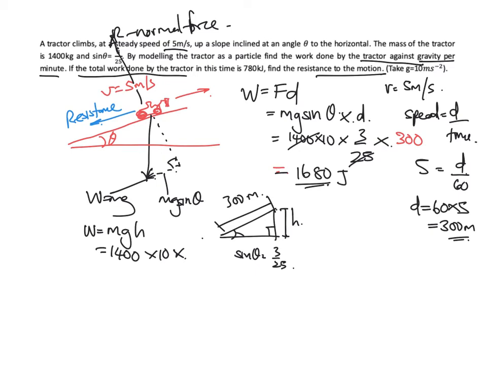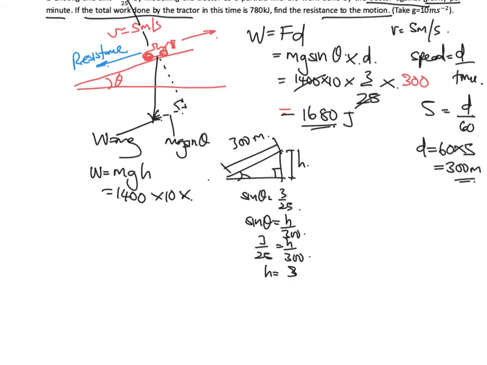So h: we can use sine theta equals h over 300, and sine theta is 3/25, equals h over 300. So h equals 300 times 3 divided by 25, and that's 4 times 3, 12, times 3 is 36.